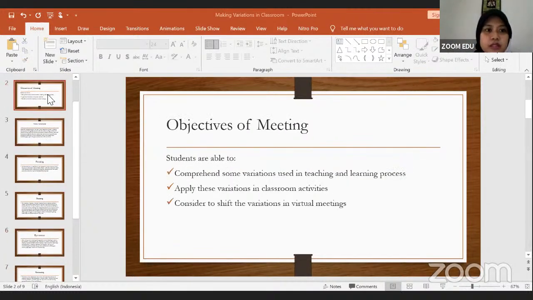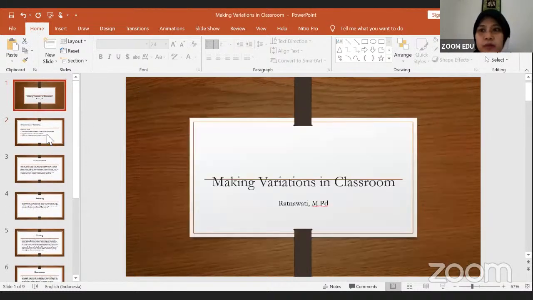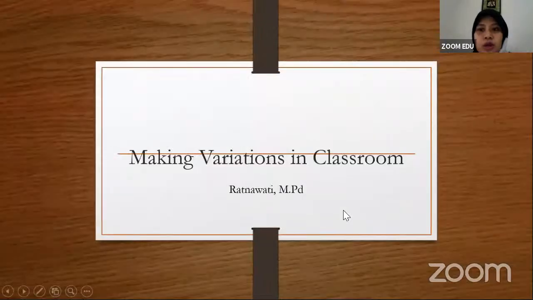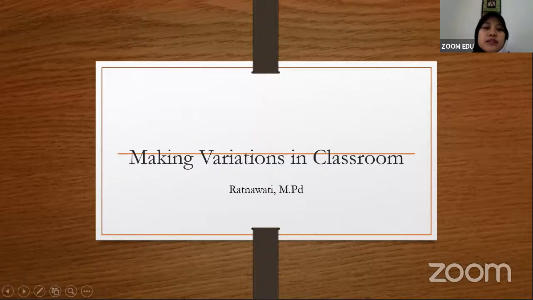So, making variations. Once you get the point about making variations in a classroom, what do you think? Variation is a kind of style, strategy, and technique from the teachers.